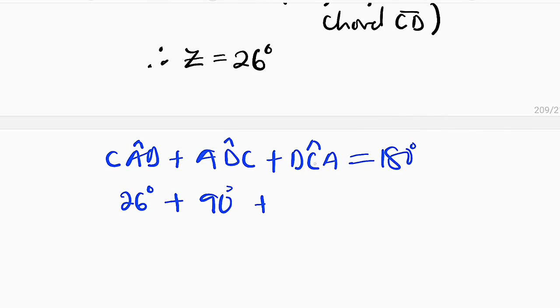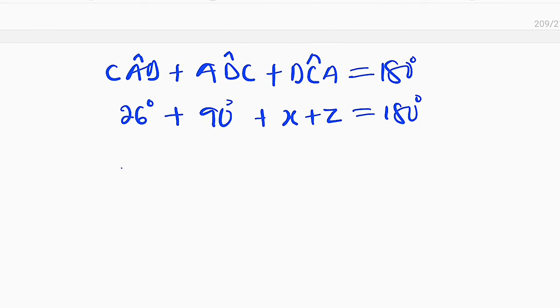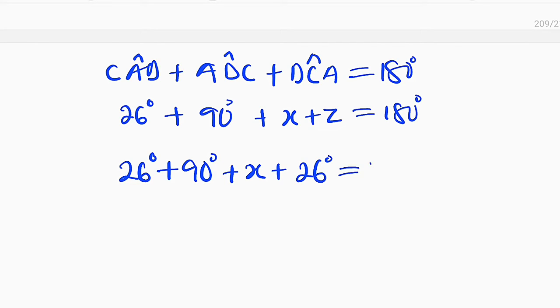So let us write it. X plus Z. And this is equal to 180 degrees. But we have already seen that Z is 26 degrees. So this is 26 degrees plus 90 degrees plus x plus 26 degrees. This is equal to 180 degrees.